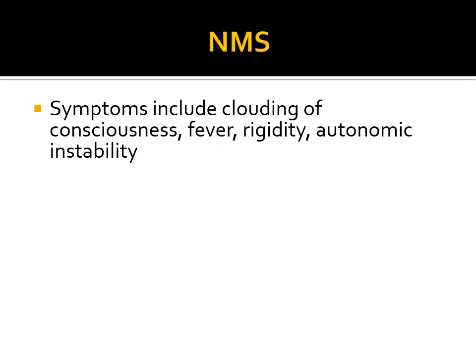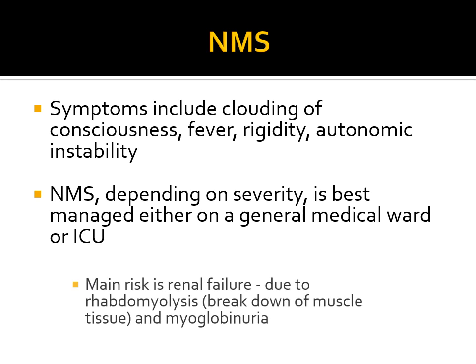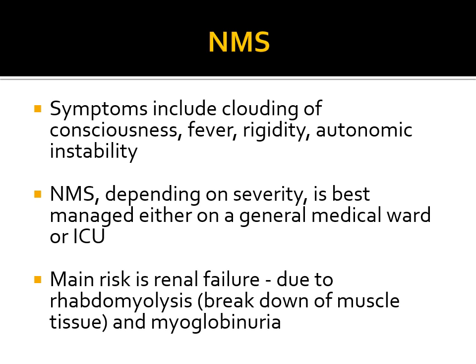What are the symptoms of neuroleptic malignant syndrome? Clouding of consciousness, fever, rigidity, and autonomic instability. Depending on its severity, it is either managed on a general medical ward or in the intensive care unit.